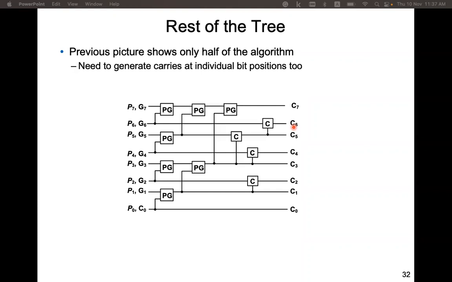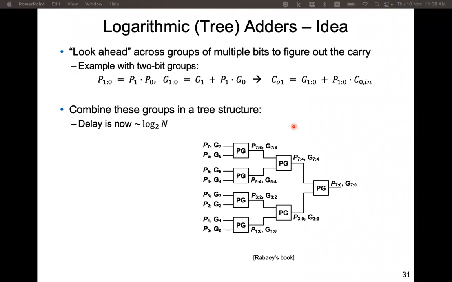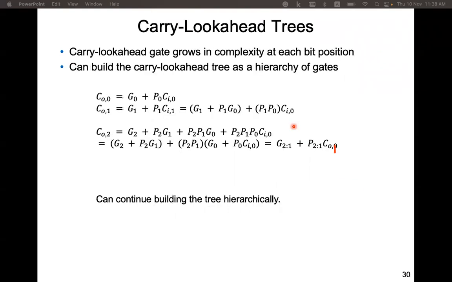P and G are the same logic function as shown before. The propagate is like this.